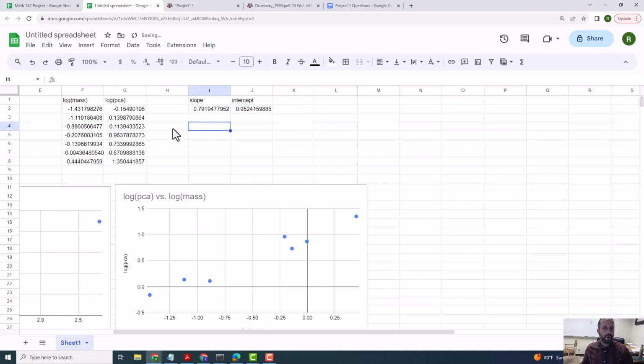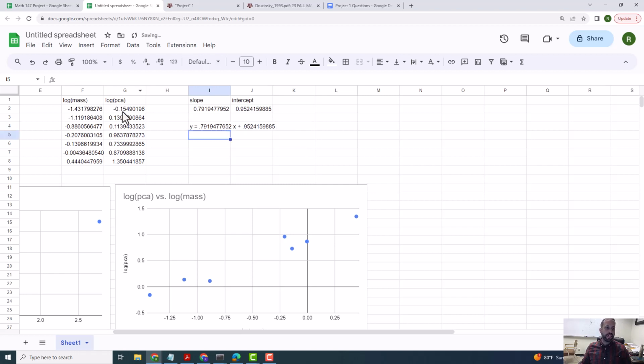Okay, so in other words, what this is saying is that the line of best fit for these data is approximately y equals 0.7919477952 x plus 0.952415985.